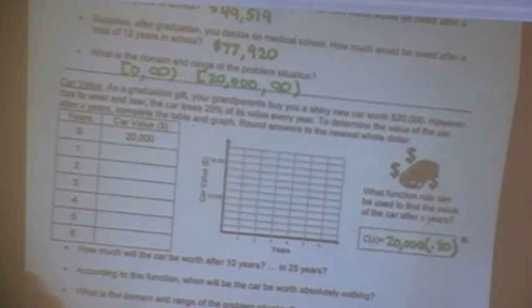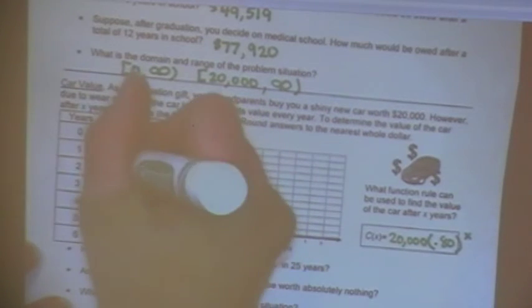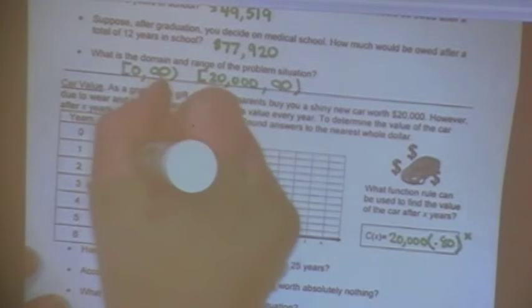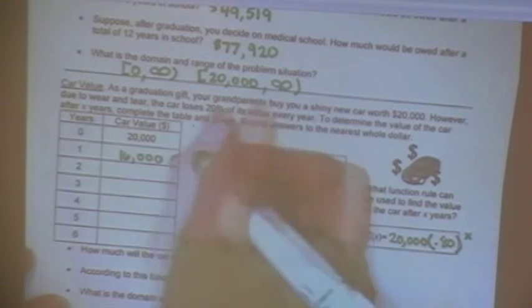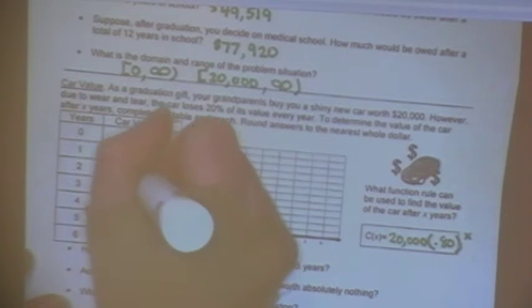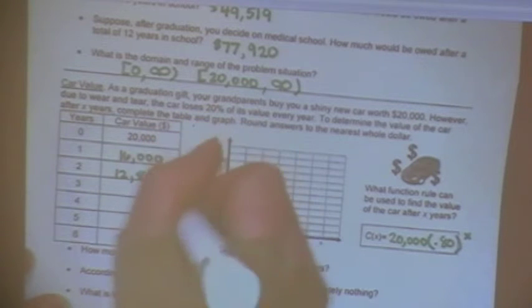Alright, so in year one, my $20,000 car is worth $16,000. In year two, it's worth $12,800.